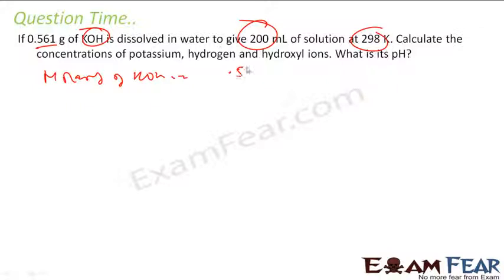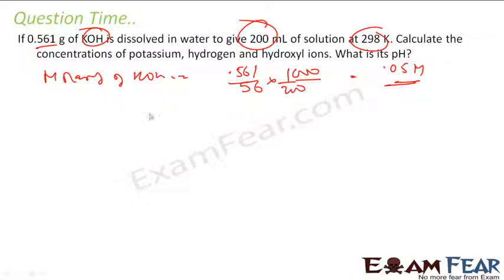That becomes 0.561 grams, and what is the molar mass? 56, per liter. So I have 200 ml by 1000. This is my per liter. So if you solve this, this comes out to be 0.05 M.